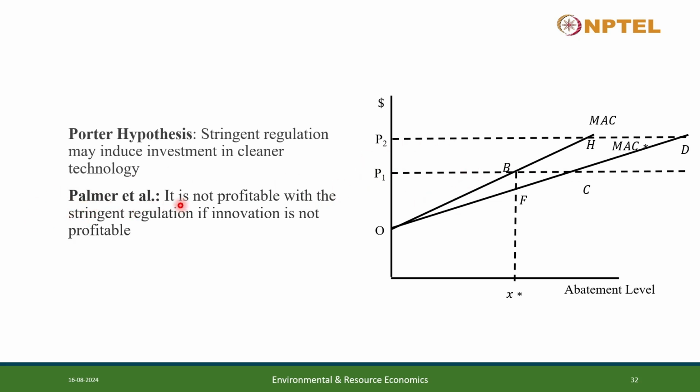They said that it is not profitable even with stringent regulation if the innovation is not profitable. So that is the conclusion Palmer et al. reached after the Porter hypothesis: even after stringent regulation, it will not be profitable for the firm to invest in the better technology.